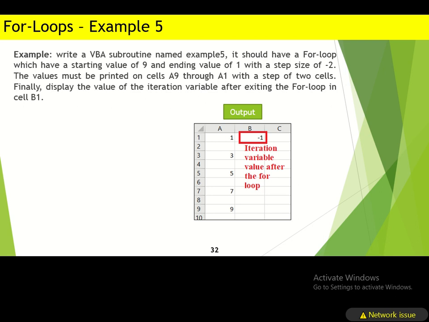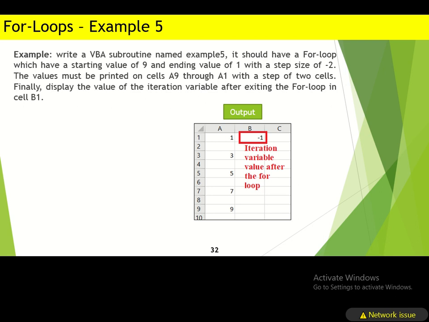What do I want in the end? Range("B1") equals I. So it will print which value of I? 1? What will it print in the end? In B1, what will be the value of I? Minus 1. Why minus 1?